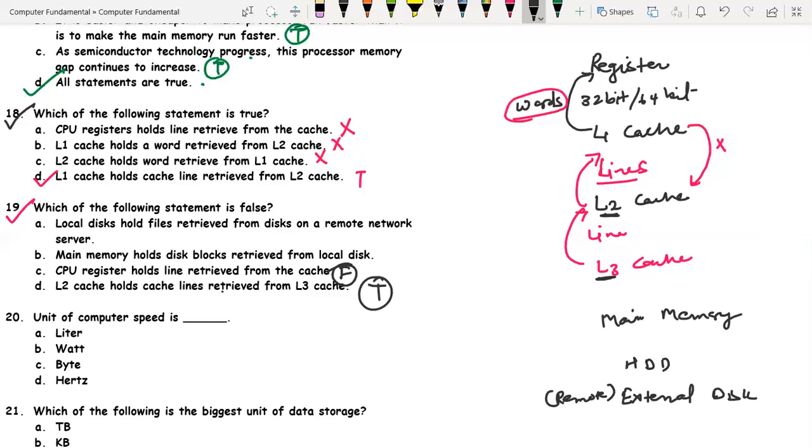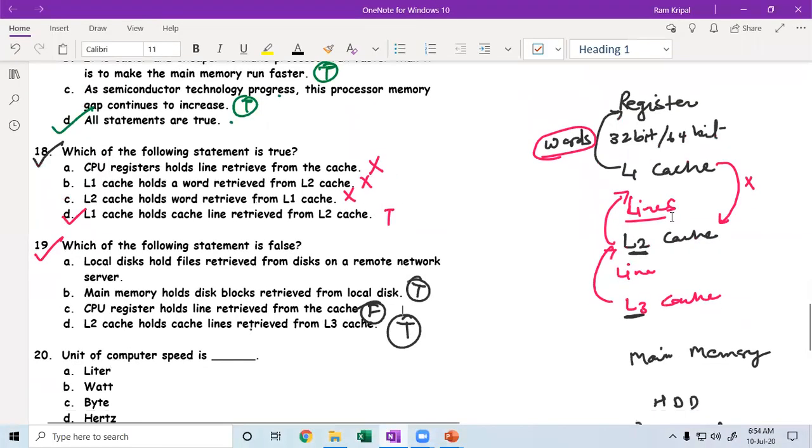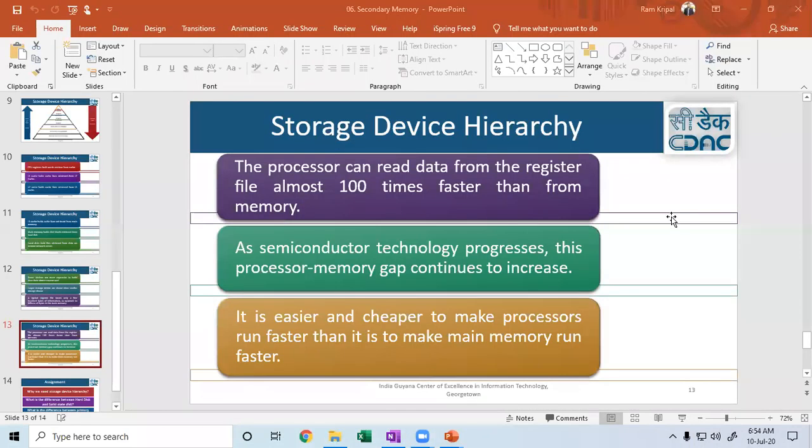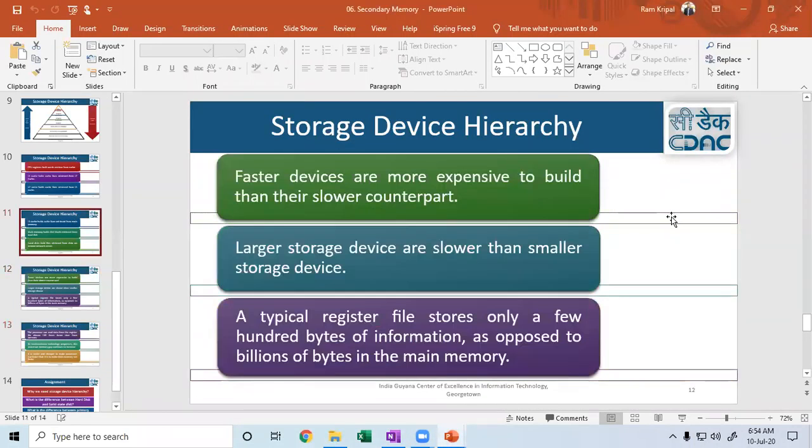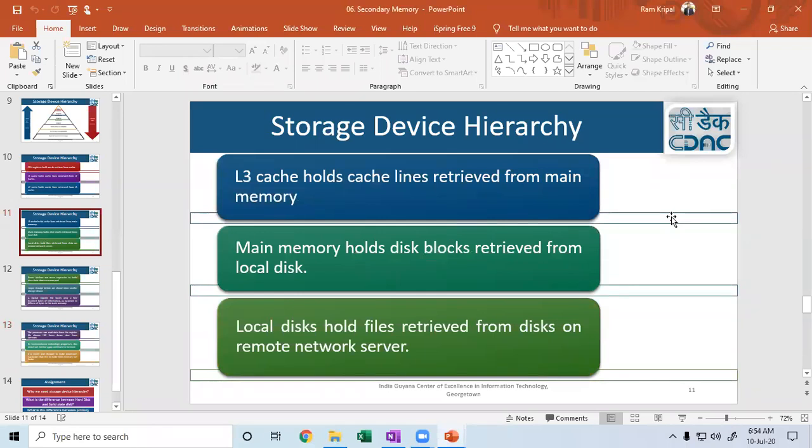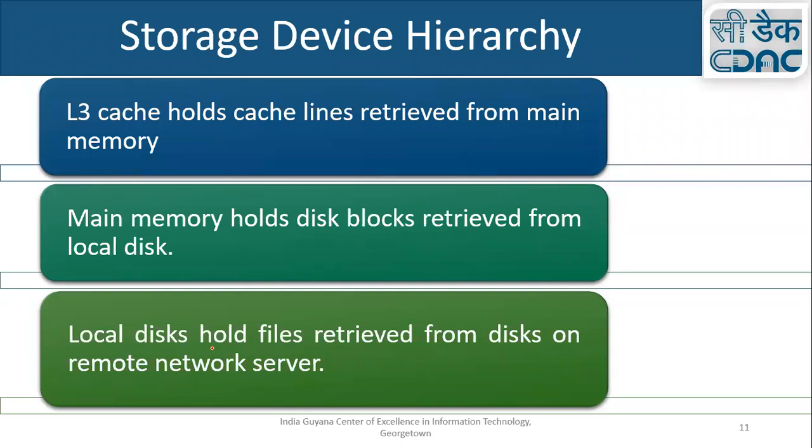Main memory holds disk blocks retrieved from the local disk. That is true. And local disk holds files retrieved from disks on a remote network server. Let me show you what the slide says. See, this is from the slide. Local disk holds files retrieved from disks on a remote network server.